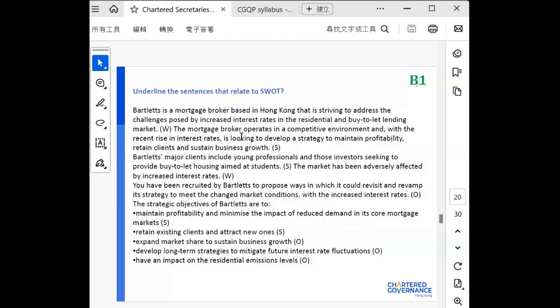That's the opportunity itself as a strength. Interest rate is repeated again, so that's a threat. And then you have to do a number of things with the increased interest rate. And there's some strength in here: retaining existing clients, attracting new ones, and developing long-term strategies to mitigate future interest rate fluctuations. Impact on residential emissions there.